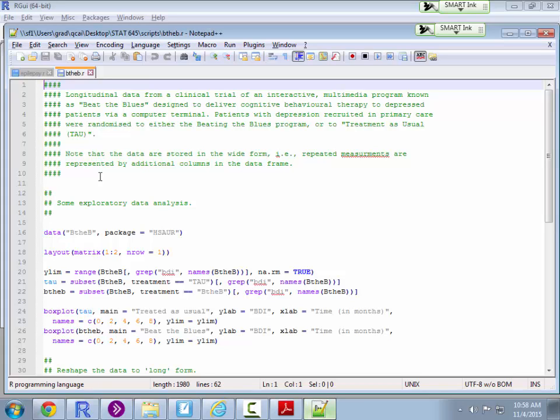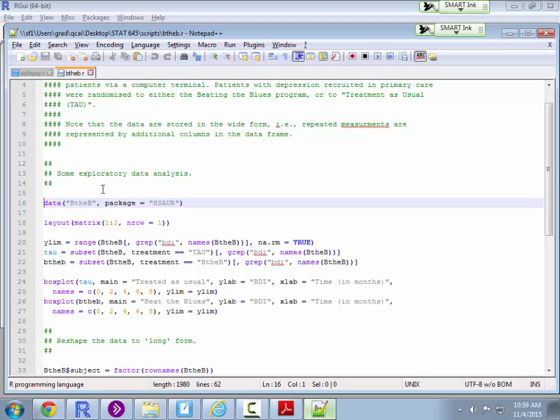Control group is treatment as usual, with, I don't know what that is exactly here, counseling maybe, an antidepressant. And the treatment group got that and a DVD, basically is what it sounds like. They got a multimedia program called Beat the Blues that was supposed to give you behavioral therapy. So treatment versus control, longitudinal data.